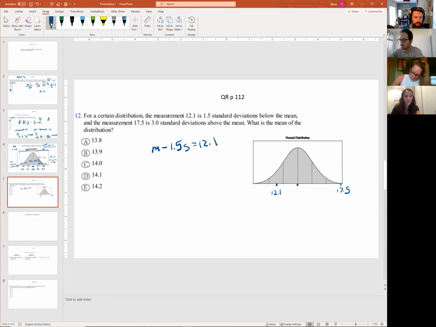And then we have the mean plus 3.0 standard deviations is equal to 17.5. So does anyone have an idea of what we can do now? How we can deal with these?